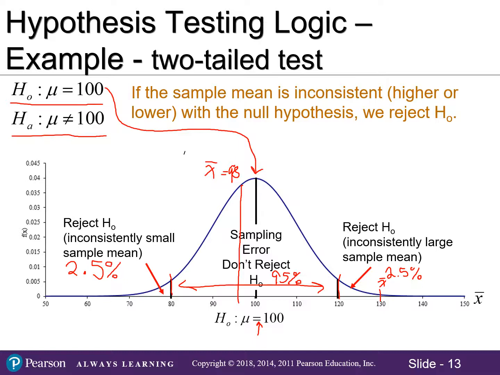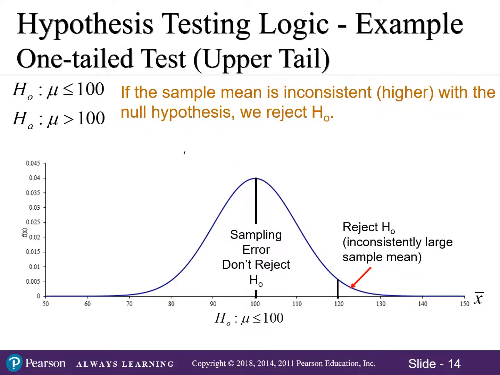Let's take a look at how this looks for an upper tail. Same idea. Notice my rejection region is only on one side. Over here, I've got this little area where it seems inconsistently large compared to my null hypothesis. Notice that this was about the mean being smaller, so that's why we're using this upper one, because we want to see, is it going to be unusually large?